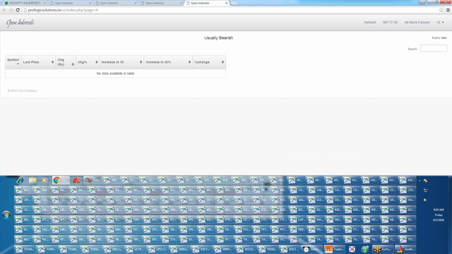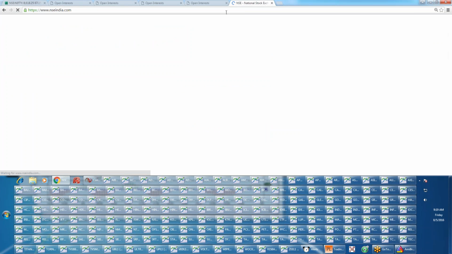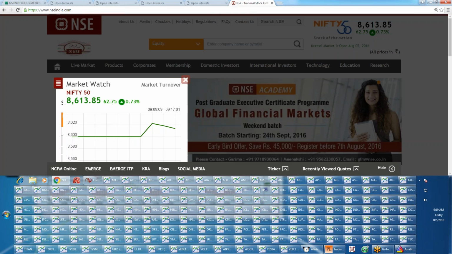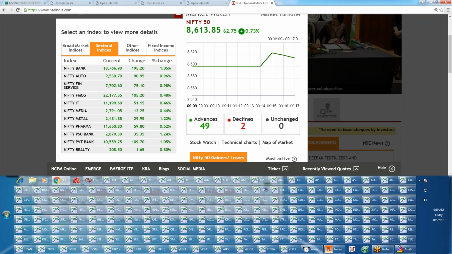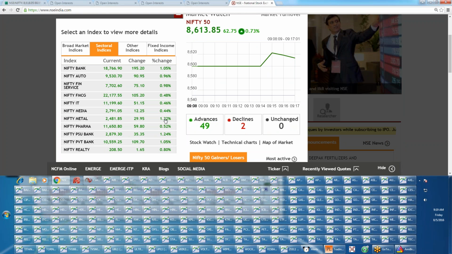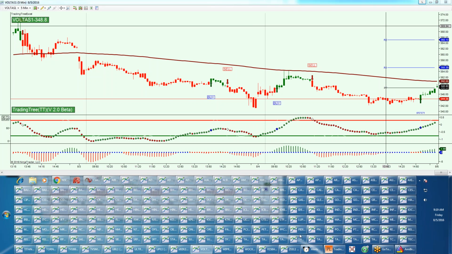So the other thing you can do is you can always go to the NSE site and see which sectors are doing good. Like we have auto, everything is in green. And the metals are really looking good. It's around 1.2%. So we can get into some trades.